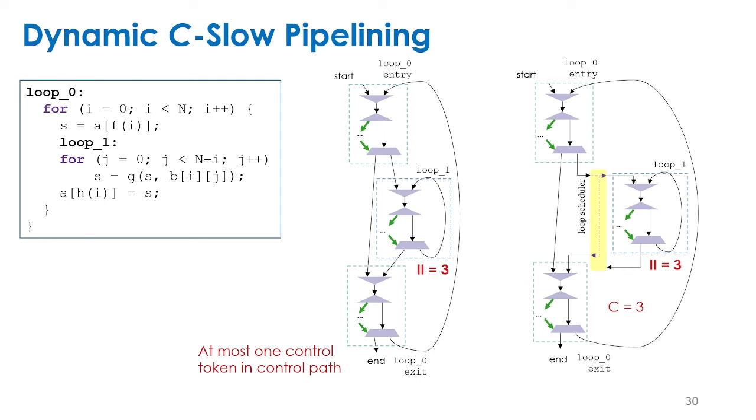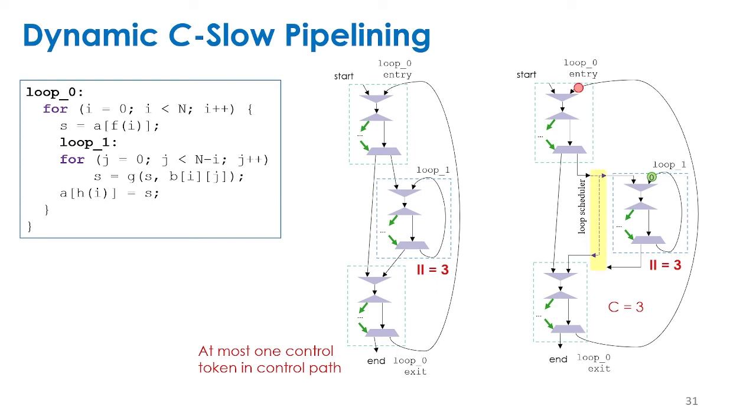The dynamically C-slowed hardware is shown on the right. A loop scheduler is configured with C equal to 3 and inserted to enable control flow parallelism. Now when the token reaches the loop scheduler, it triggers loop 1. And the scheduler also generates another token to the lower block to early start the second iteration of loop 0.